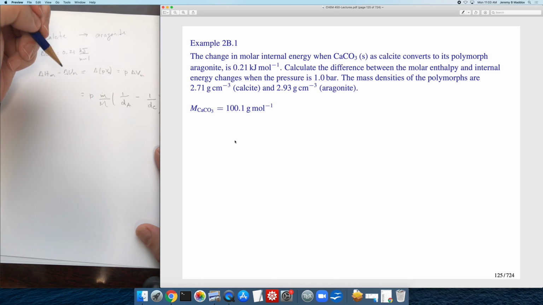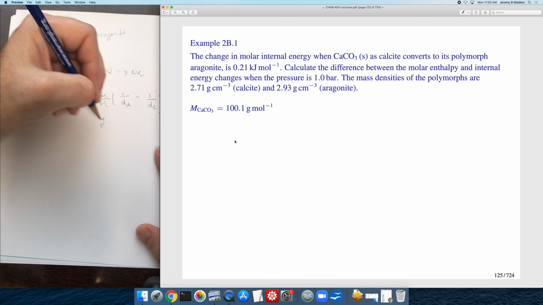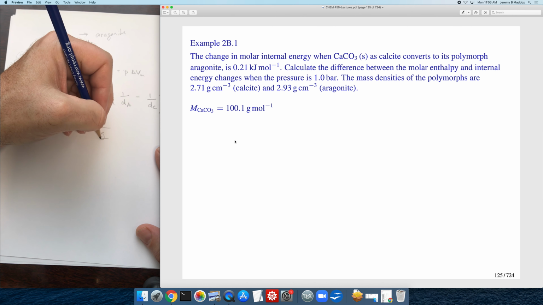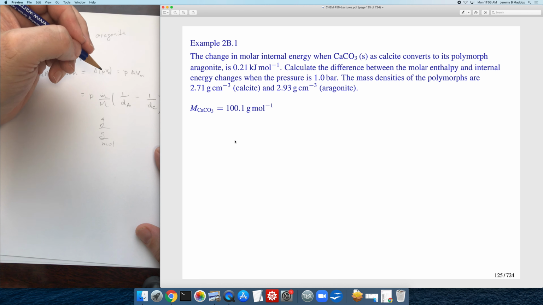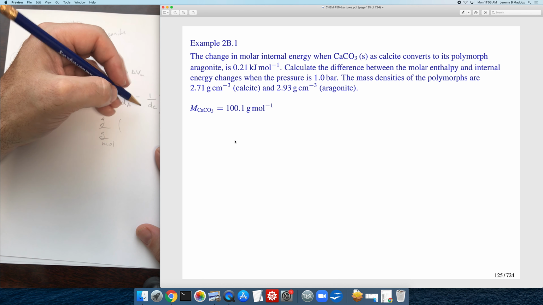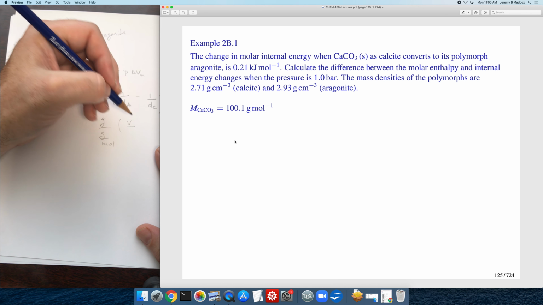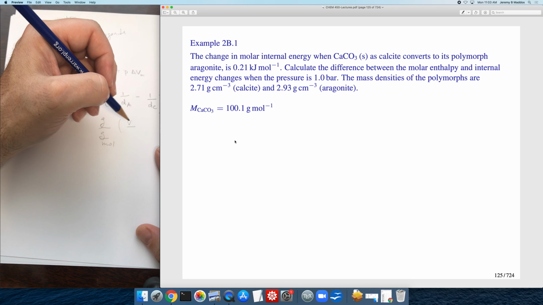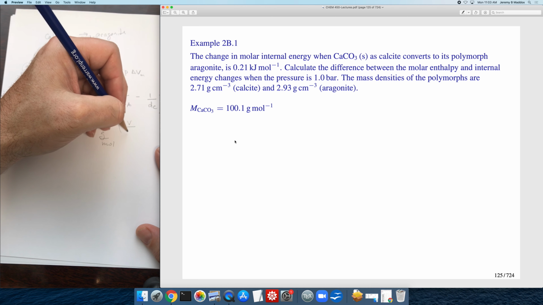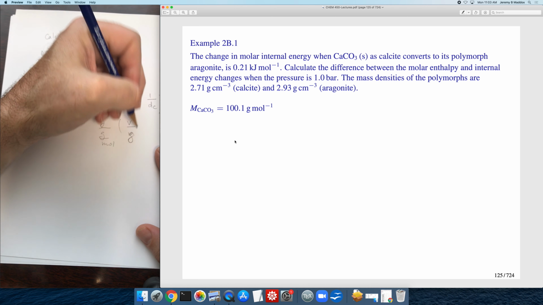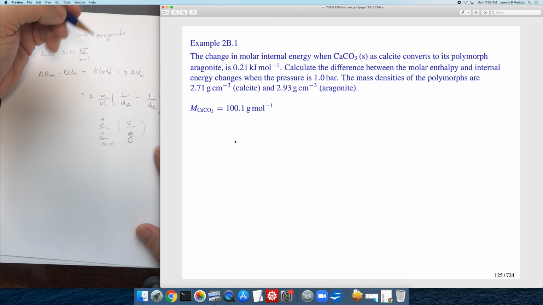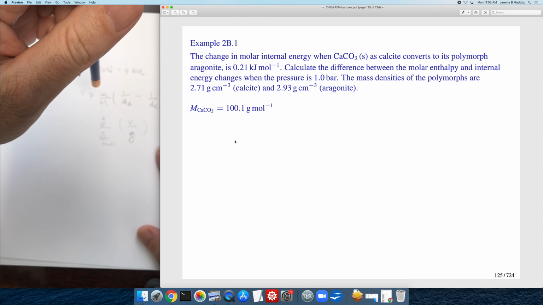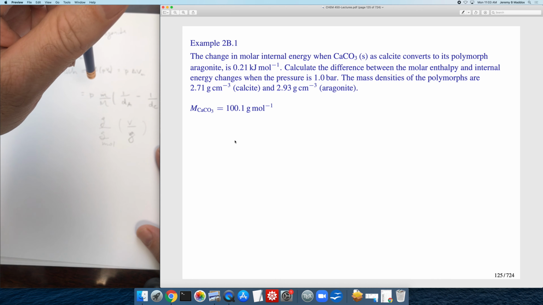Let me just check out the units real quick. We're going to have grams divided by grams per mole, and this will be volume per mass in grams. And so it looks like I don't need that.